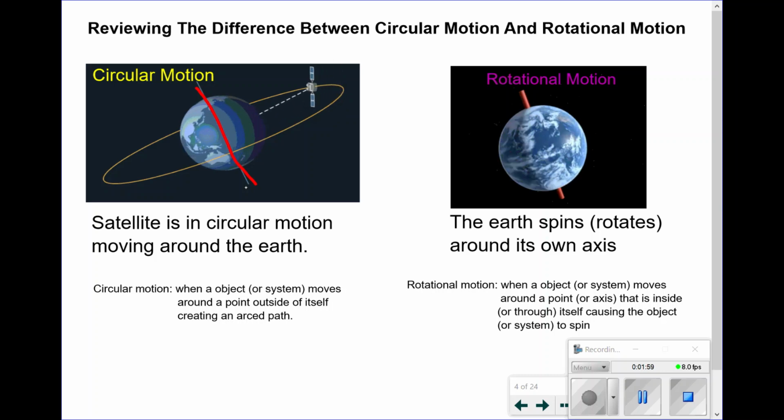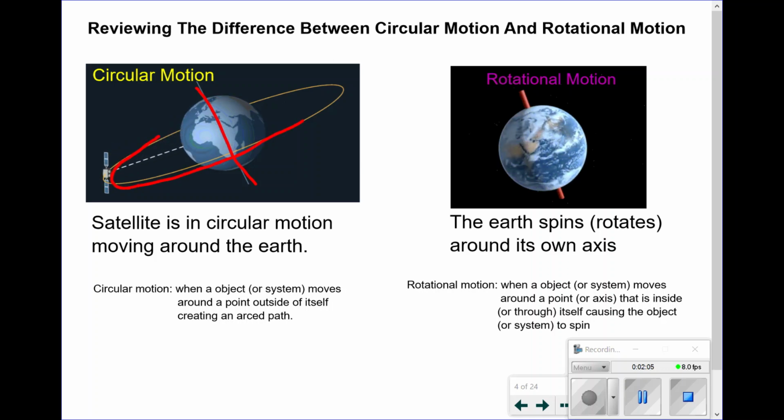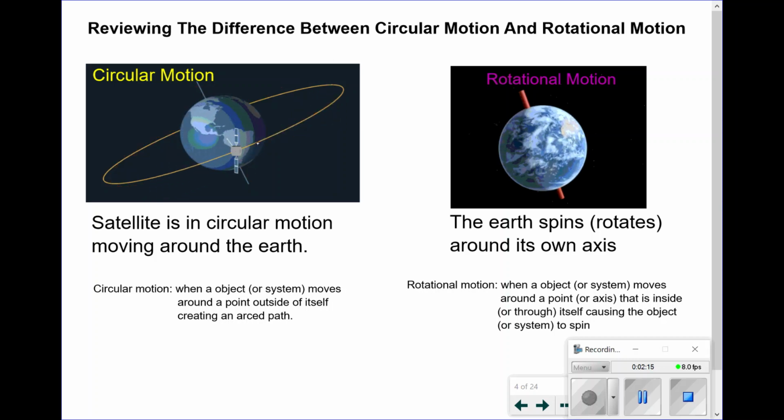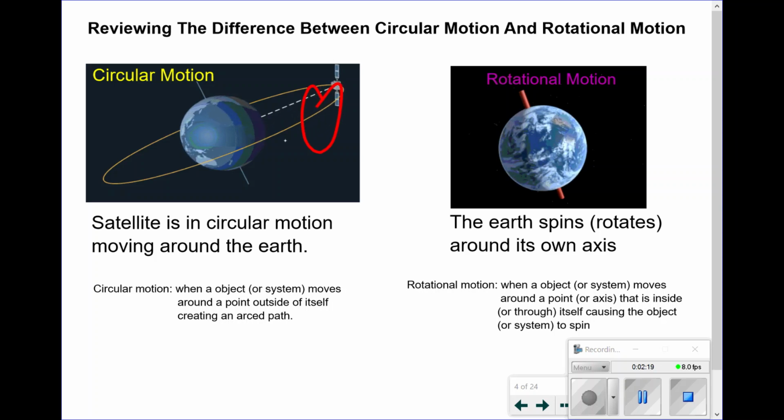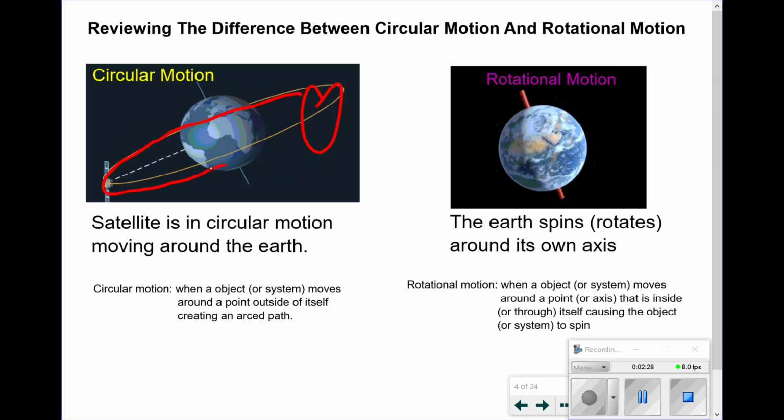We can actually trace a path of the satellite to make a circular shape. If I was to just isolate a point of time where I see the satellite, by simply circling the satellite right here, I can see the satellite moves out of that circle. I can see that it's actually traveling. And again, that's how we get this circular trajectory or path.